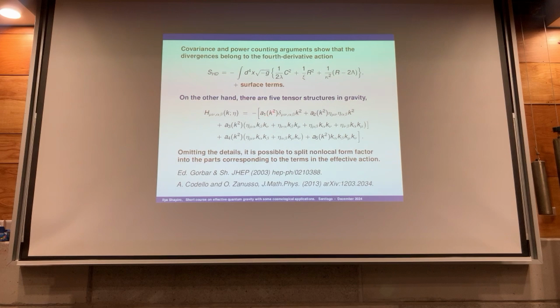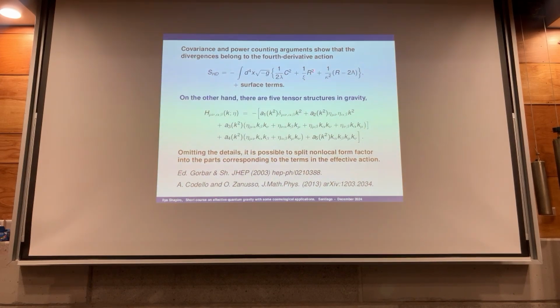You can use these two operators to produce, for example, the projector to the traceless state, but we can do it in different ways, so let's skip this part. Then there is this operator which is related to the projector to the vector state, and these two are also important, because they complete the set of projectors.